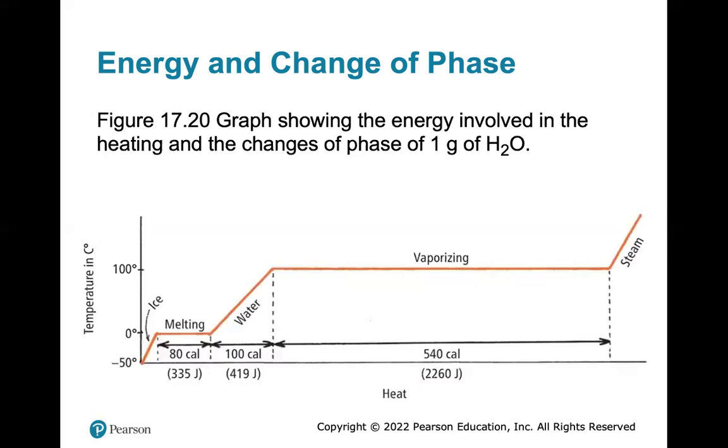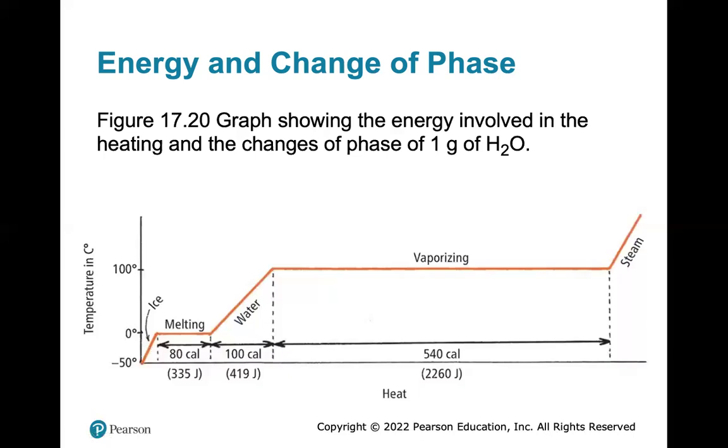Okay, here's a graph showing the energy involved in heating and the changes of phase of 1 gram of water, from a piece of ice at minus 50 degrees C. You can see the minus 50 here.